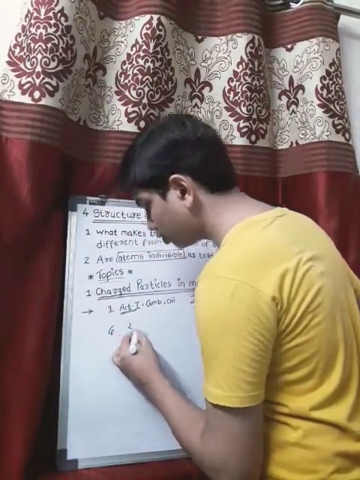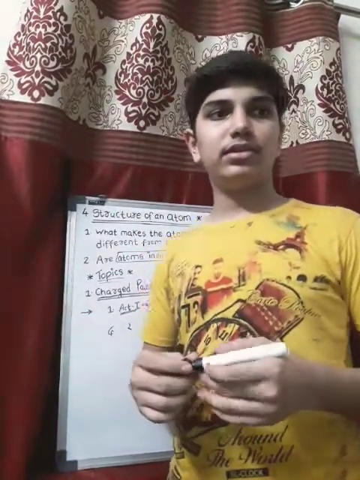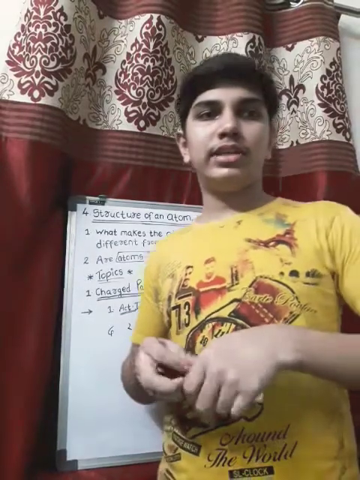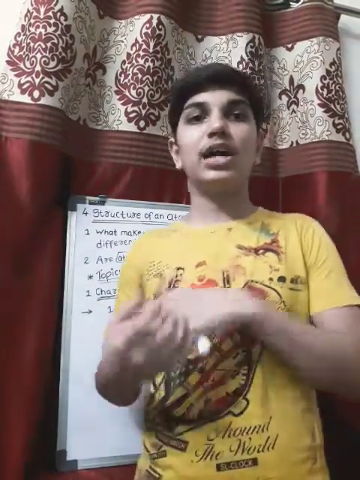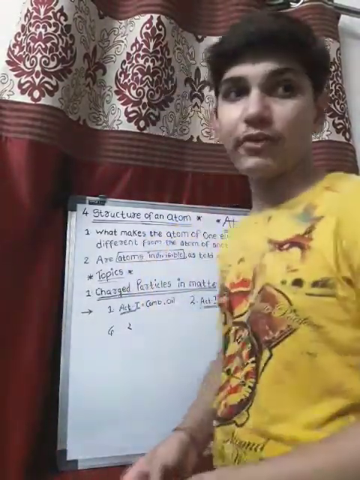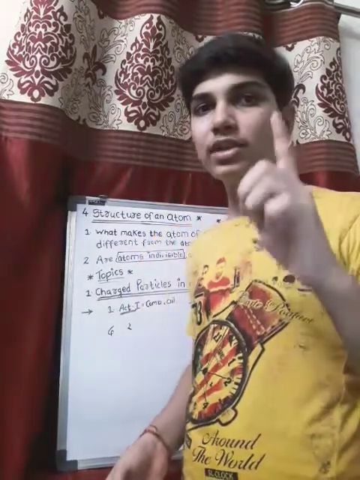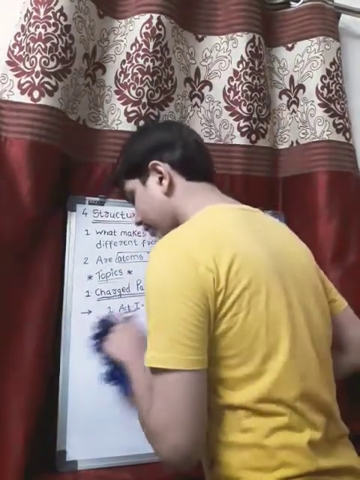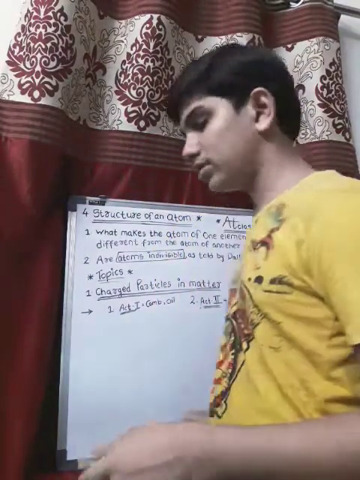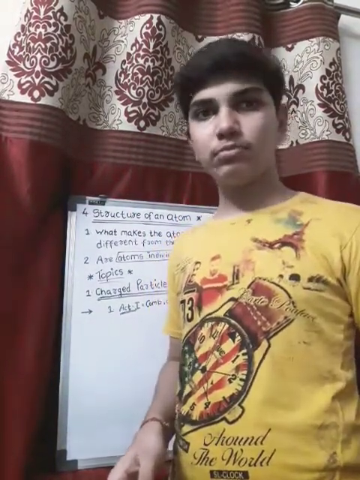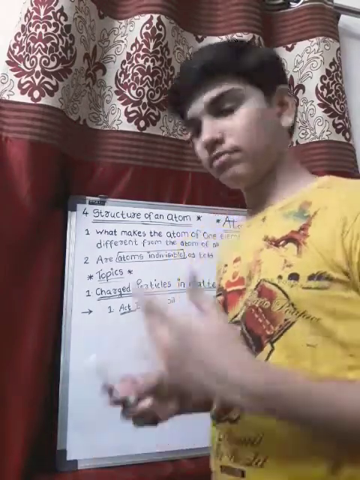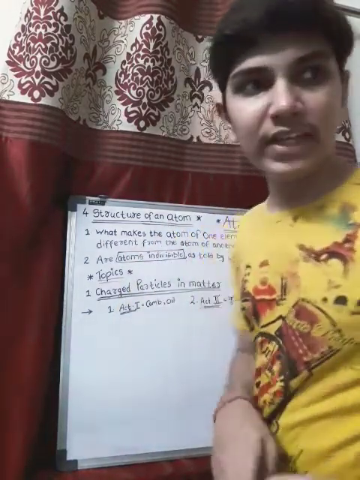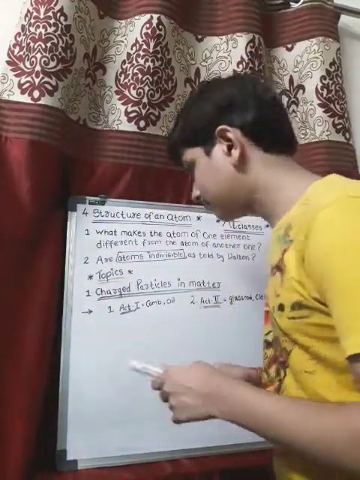We'll be covering 2 a day. Today we will be completing charged particles in matter and the structure of an atom by Thomson only. The Rutherford model we will be discussing tomorrow. So you will get an idea of how the class would be. Do enjoy the class.